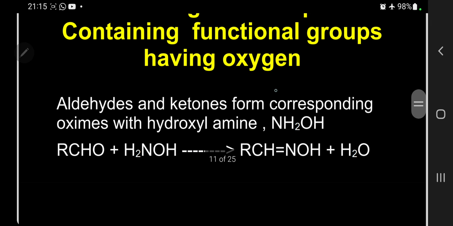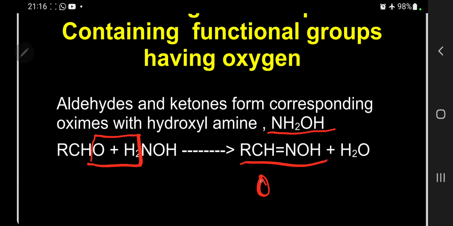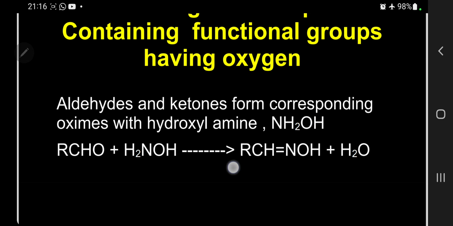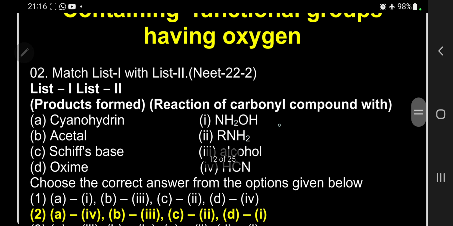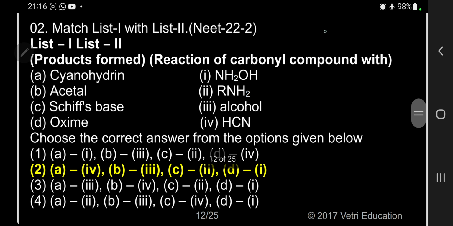The last one, oxime. Aldehyde and ketone form the corresponding oxime with hydroxylamine NH2OH. So, aldehyde plus hydroxylamine, what will happen now? They undergo condensation to produce this oxime. So, now we have a clear idea. Question number 2: 2 is the correct answer.